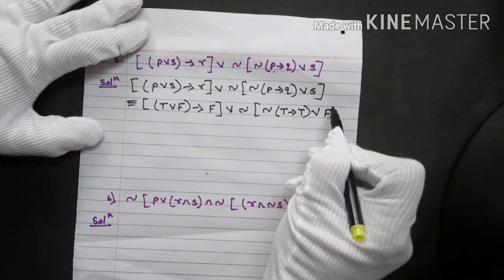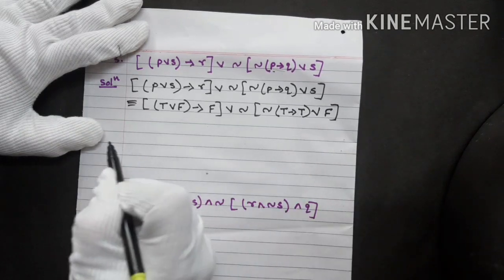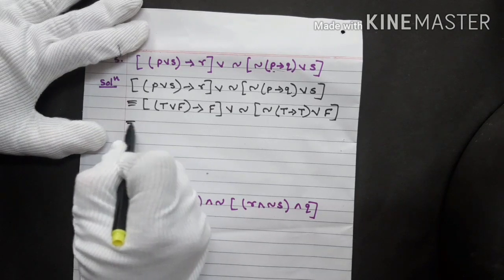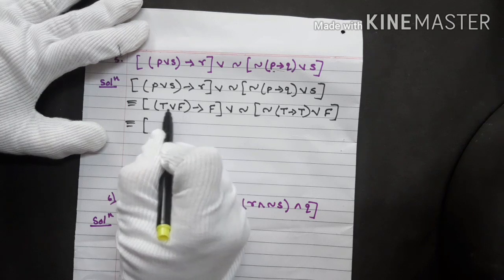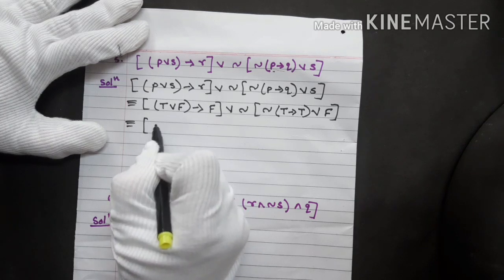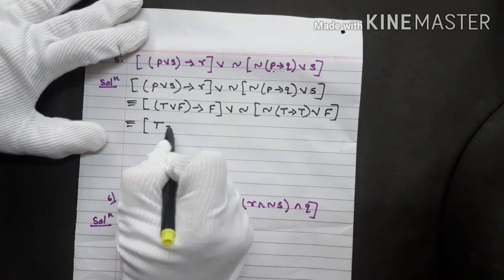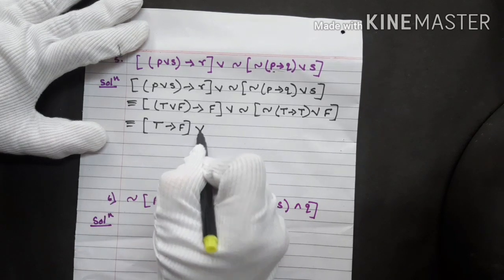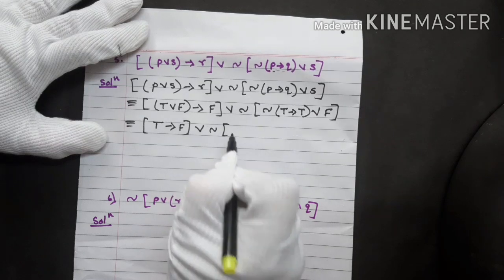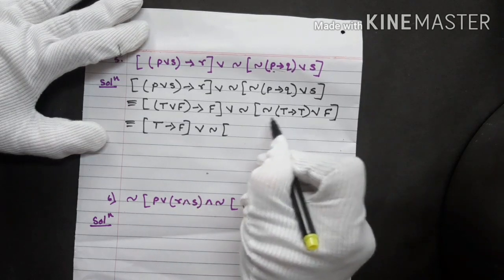You have to be very careful while substituting the truth values. Then see this, T or F. T or F is true, implies F, or negation. Again this bracket first.